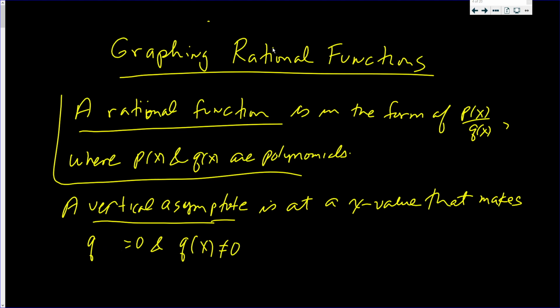Whatever that x value is that makes the denominator 0 but not the numerator, you have a vertical asymptote there.